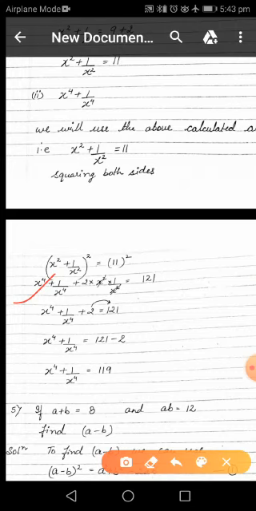Again x square cancels out, is equal to 11 whole square, that is 121. Shifting 2 to the other side, 121 minus 2. So the result is x4 plus 1 upon x4 is equal to 119.